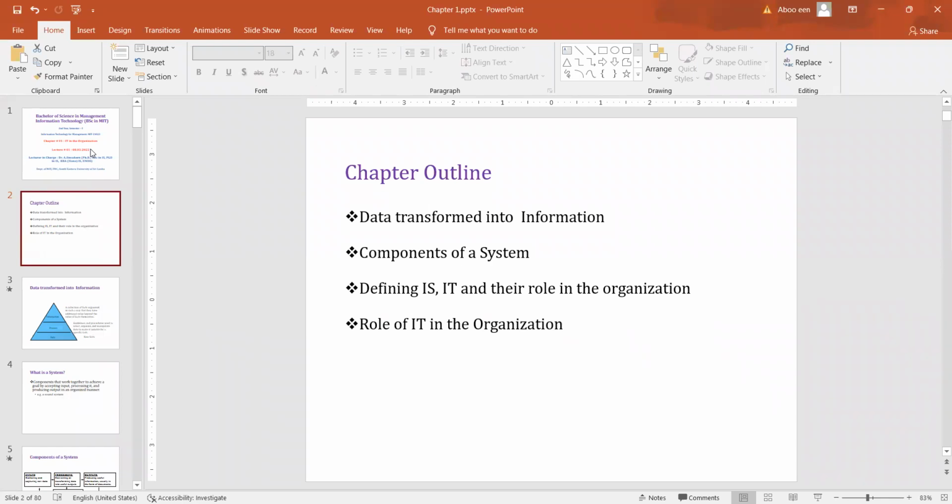First, we must understand what is information technology, the definition for information technology and information system.